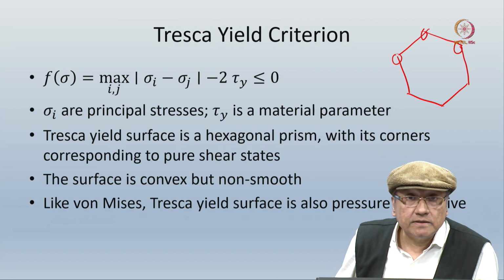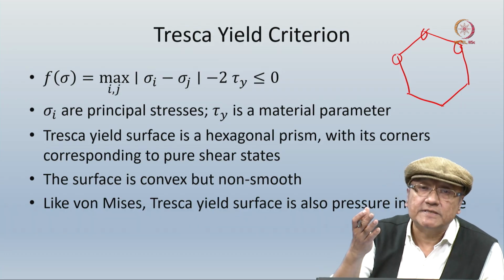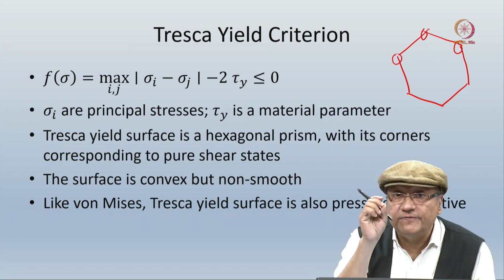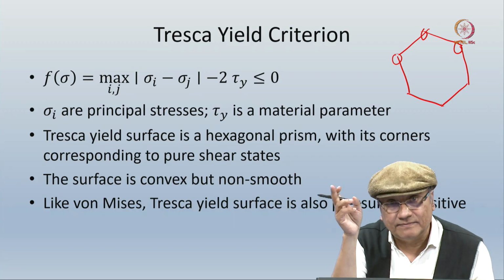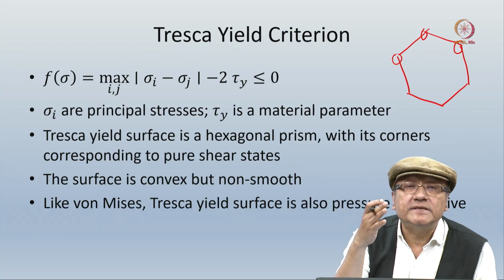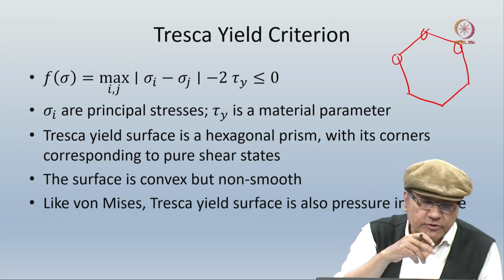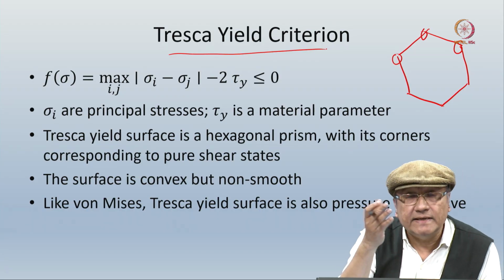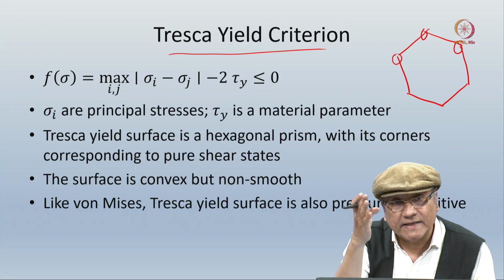It is not just interesting from the mathematical perspective; it reflects the physics of possible indeterminism of certain competing mechanisms, which one will be predominant. We will come to the details later, but for the time being the Tresca yield criterion is an attempt to account for that aspect.